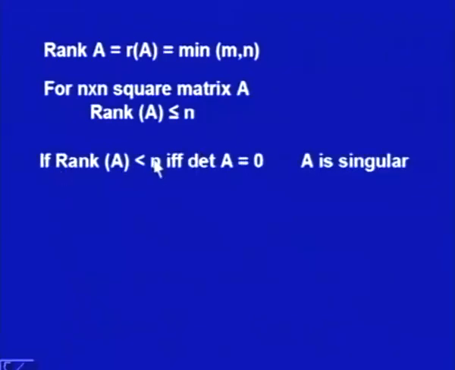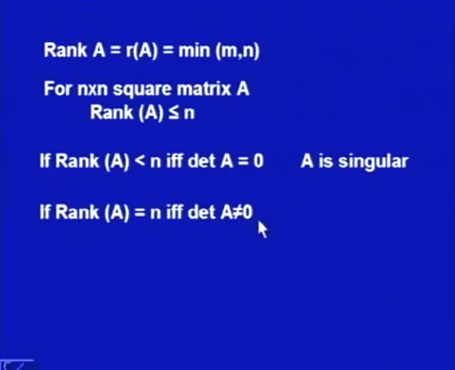If rank of A is less than n, that clearly means that determinant A is 0. This is coming from the very definition of rank, and that means A is singular. On the other hand, if rank A is equal to n, then determinant has to be non-zero.